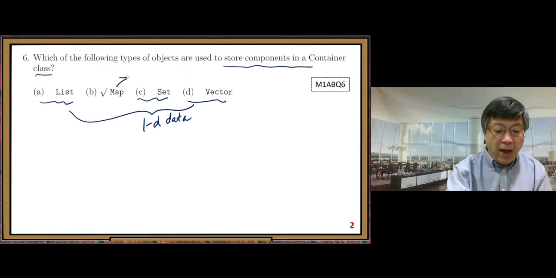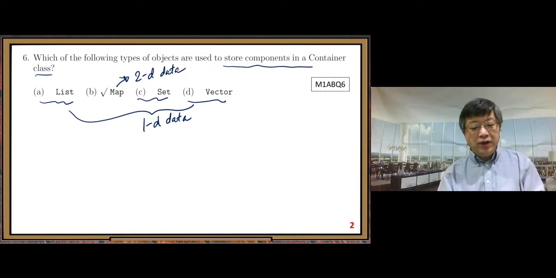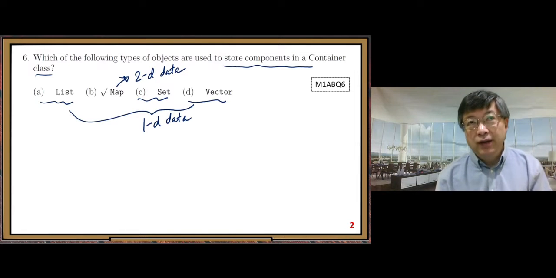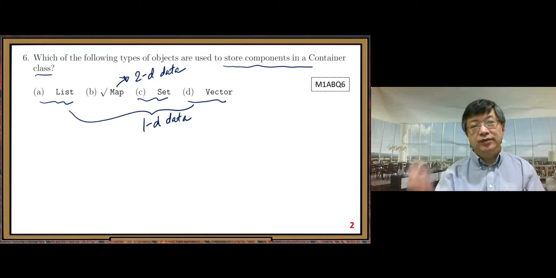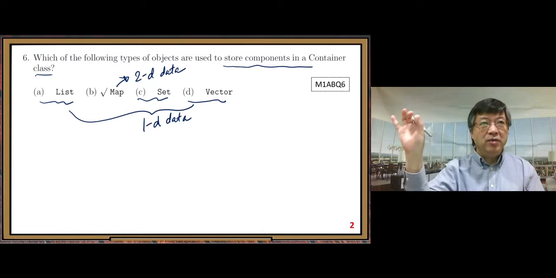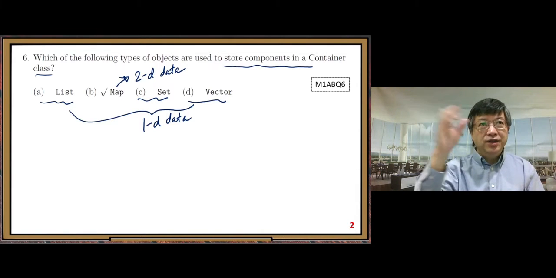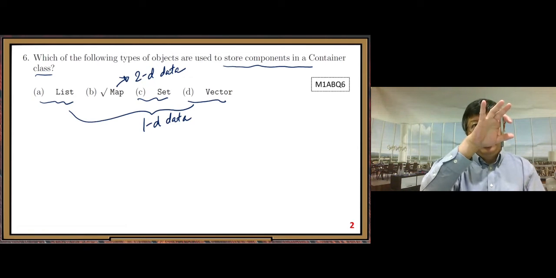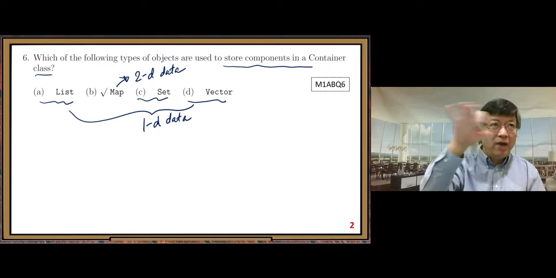This map stores 2D data. So what is 1D data, 2D data? 1D array, 2D array, right? With a 1D array, you only use one index to control all the elements. With 2D arrays, you need to use a pair of indices to control the elements in two dimensions.